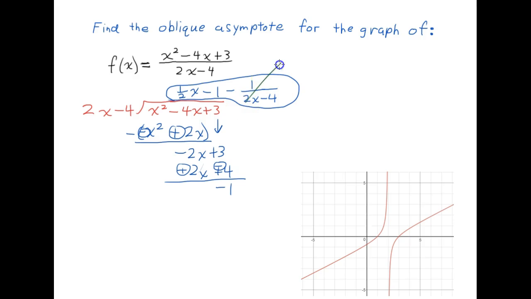This whole thing goes to 0 because you have 1 over a very, very large number, so this gets very small. So this then is the asymptote. I'll just make a note there. The asymptote starts to look like y equals 1/2 x minus 1.